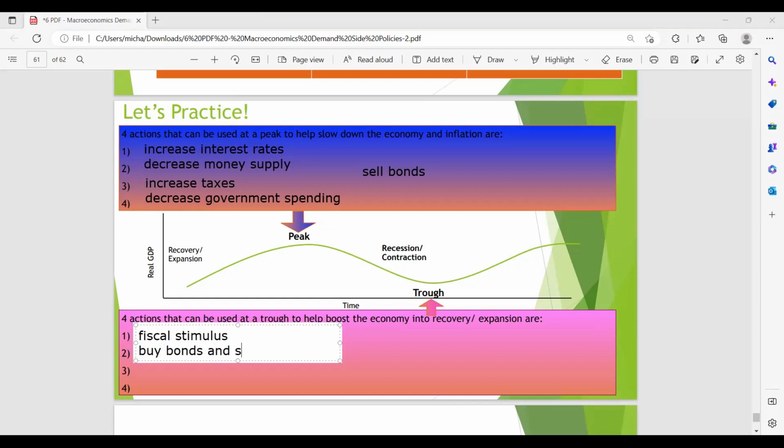Excellent. What else? Decrease interest rates, yes. Monetary policy. So lower interest rates, yes.